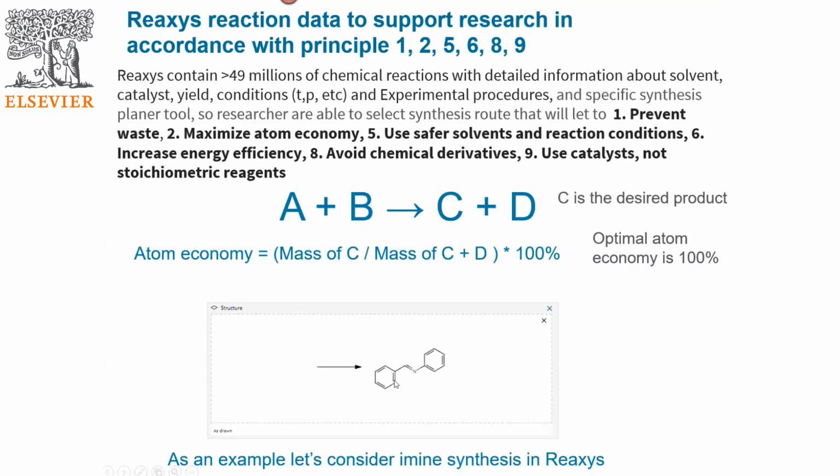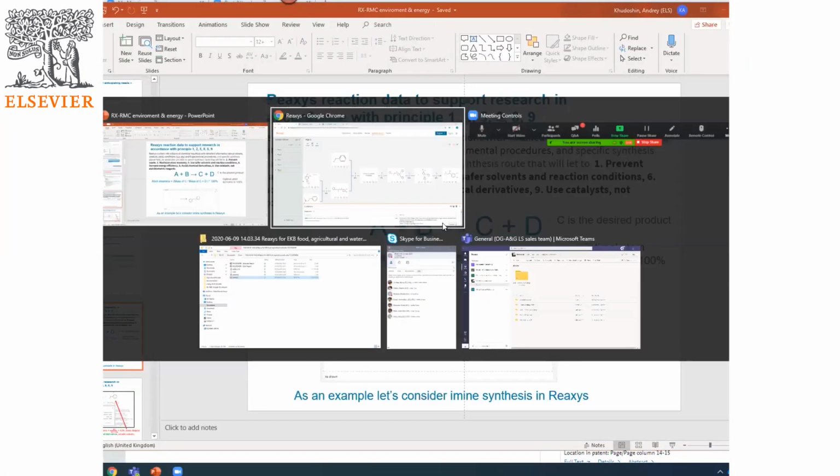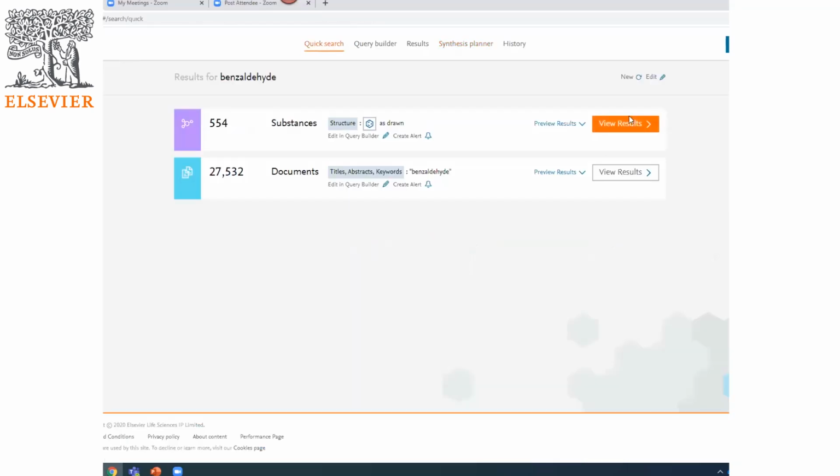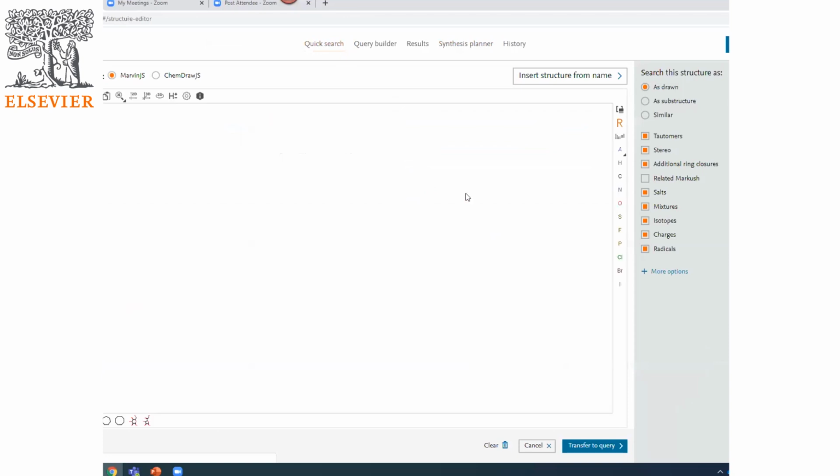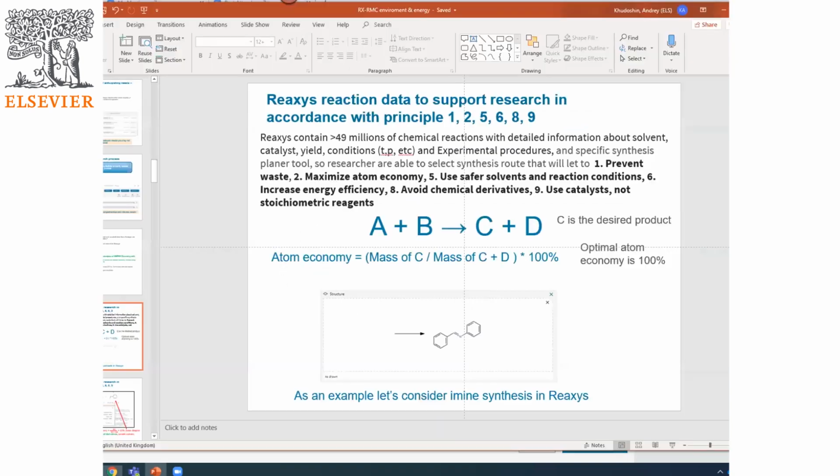Let's try to consider this approach on a very simple example, imine synthesis in Reaxys. One of the options, if you want to start from the beginning in Reaxys for synthesis of some molecule, is the quick search structure editor. Draw your compound.